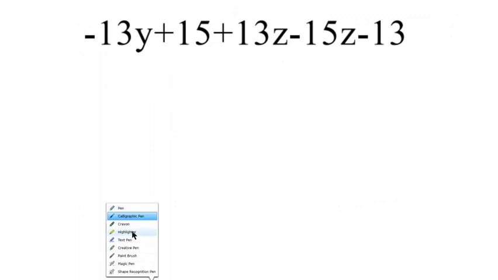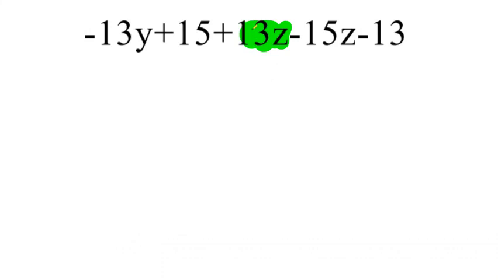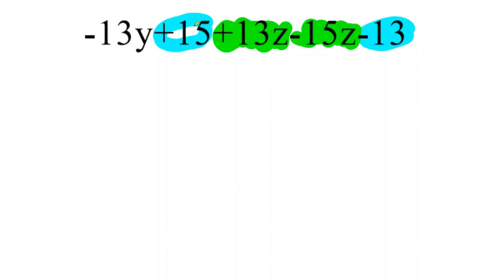Same procedure. I will start by finding like terms. I have a z term here. I have another z term here. And this is very important. If you have constants, which we have talked about before, constants are numbers that stand by themselves. Those constants can also be combined.